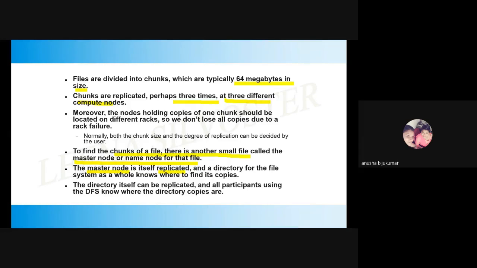Again, master node can be replicated, and these are stored in a file directory where to find its copies. The directory itself can be replicated, and all the participants using DFS know where the directory copies are.